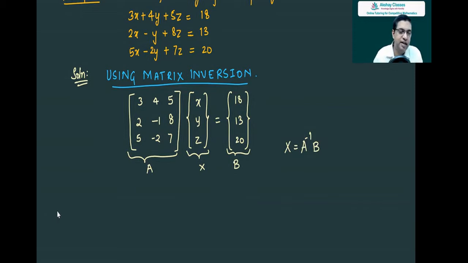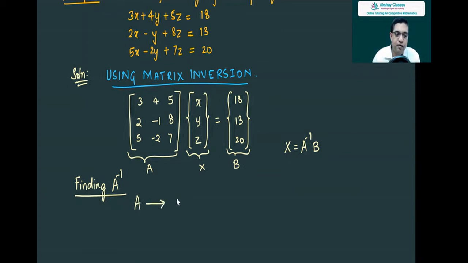So we have to find A inverse. So how do you find A inverse? A inverse is adjoint A upon determinant of A. How do you find the adjoint?